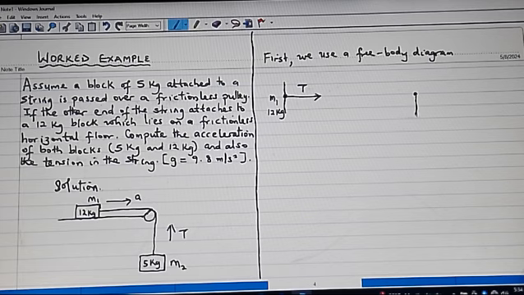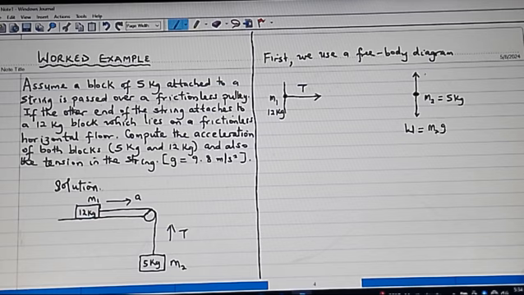So this is the mass M2, which is 5 kg. Then the tension is acting upwards. So our weight is M2G.